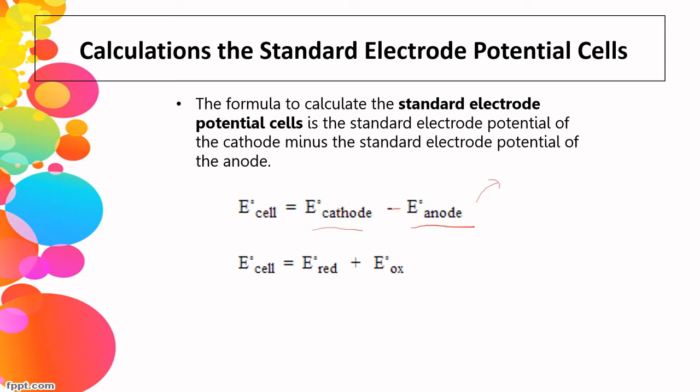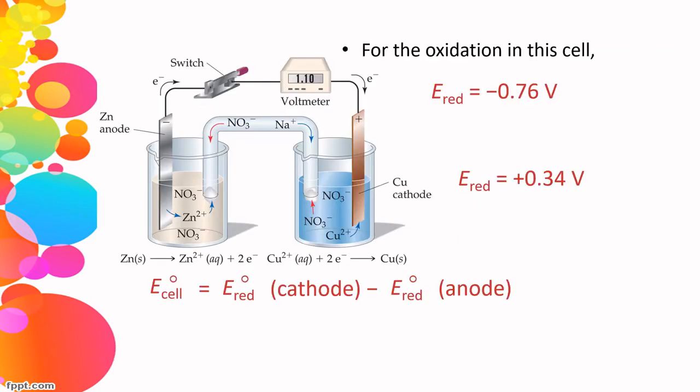E naught cell can also be calculated using this formula, which is E naught reduction plus E naught oxidation. For this cell, the E reduction for the oxidation is minus 0.76, while for the reduction it is plus 0.34 volt.